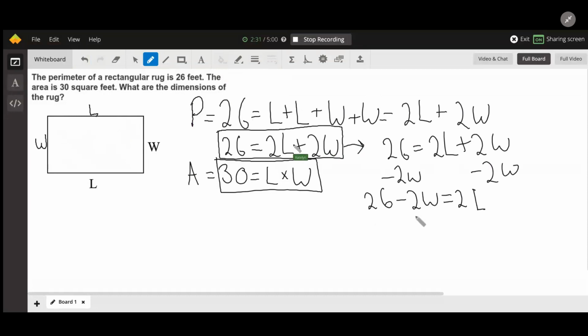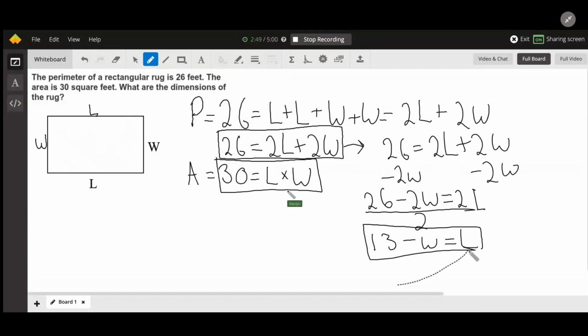That was 2L. Divide everything by 2, where you end up with 13 minus W equals L. So now we know that L equals 13 minus W. And we can plug this L into this equation over here.